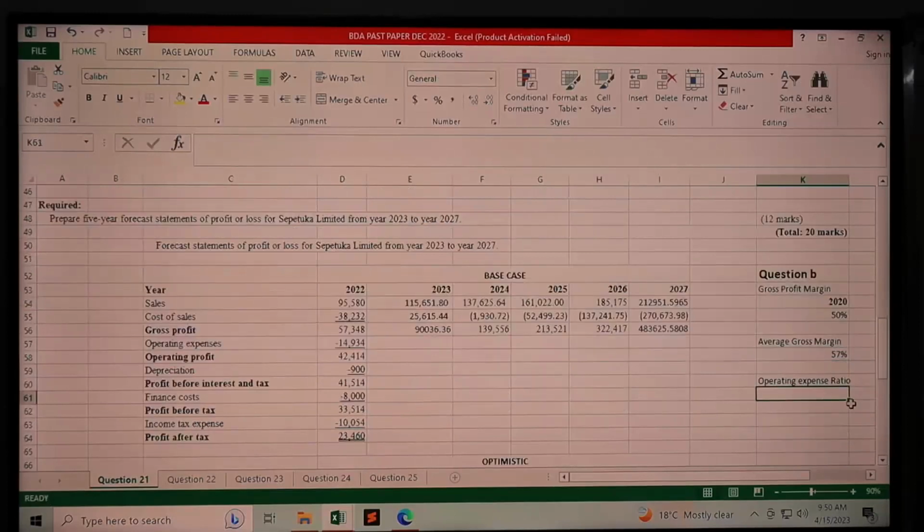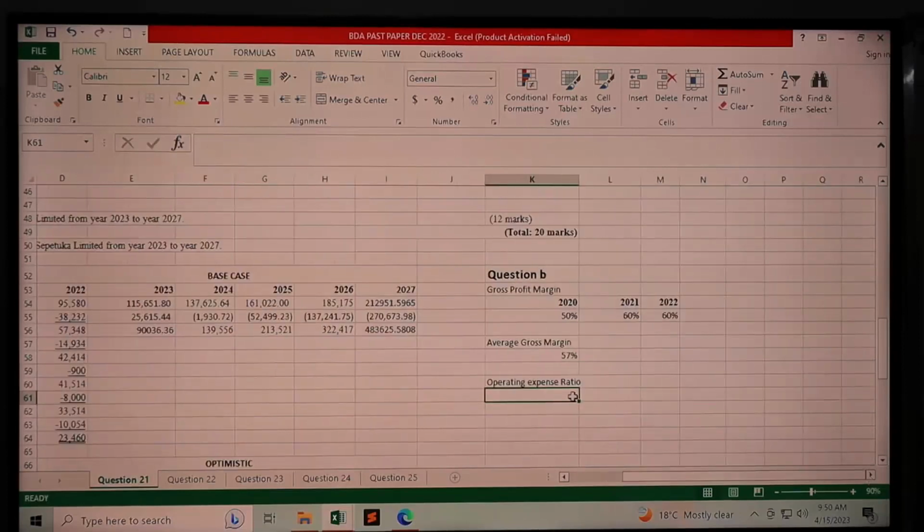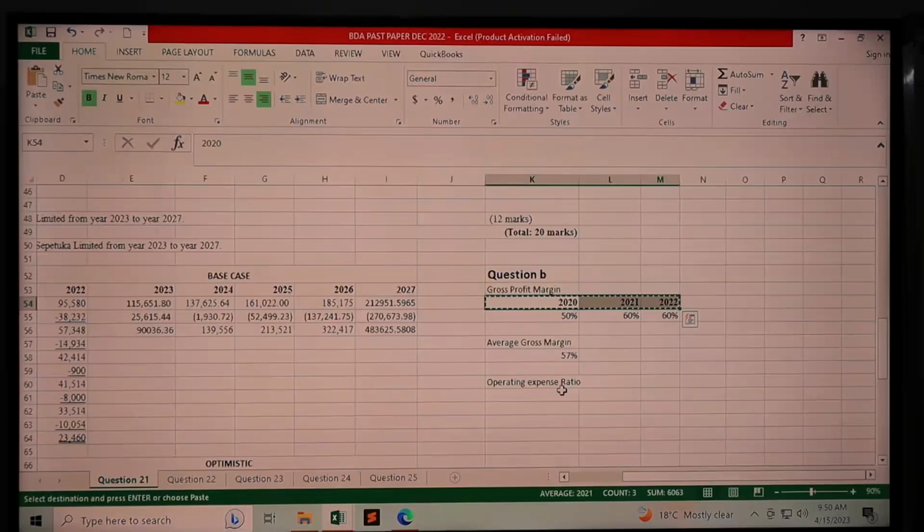If possible, you can even indicate the formula you have used. Just like we have done with the others, you indicate the years, take those 3 years and copy across here. Then you compute each.